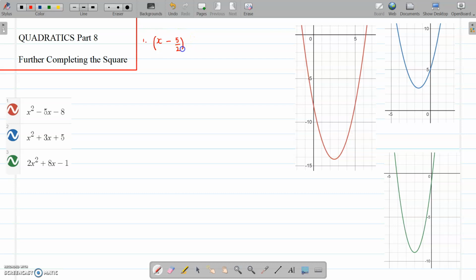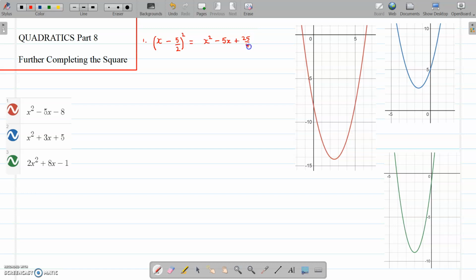That would give us x squared minus 2 lots of 5 over 2 x, in other words minus 5x, which we would expect. But then it would give us at the end plus 25 over 4.